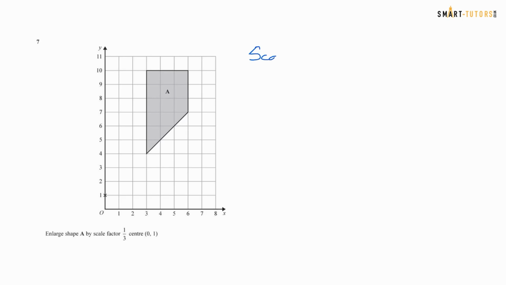The scale factor is a fraction, 1/3. That means the original object A is going to be reduced in size, every length is going to be divided by 3. So the scale factor is 1/3, so divide by the number 3.